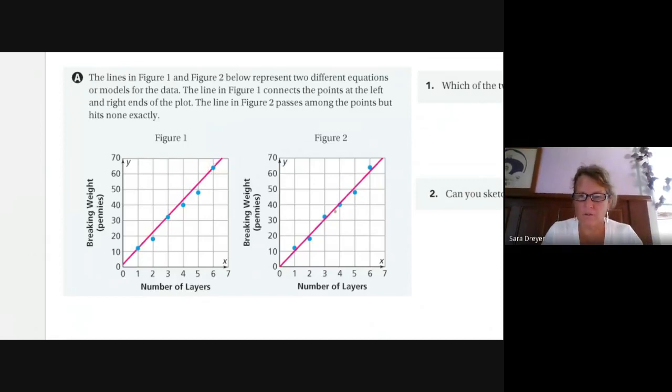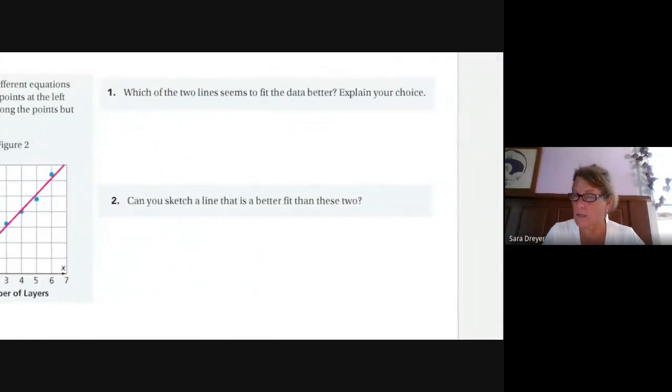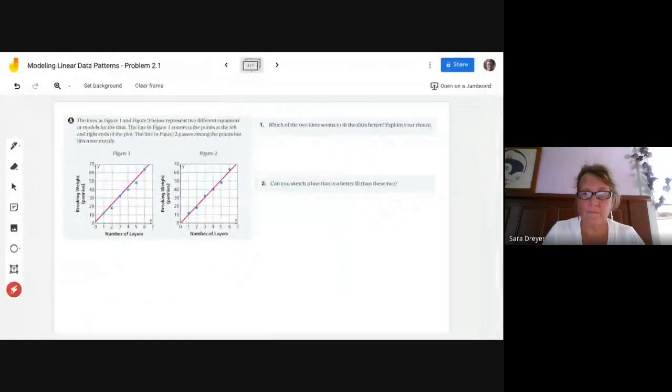The line in figure 2 passes among the points but doesn't hit any quite exactly. So answer these. These are not rhetorical questions. I do need you to answer these. Which of the two lines seem to fit the data better? Explain your choice. And can you sketch a line that is a better fit than these two?